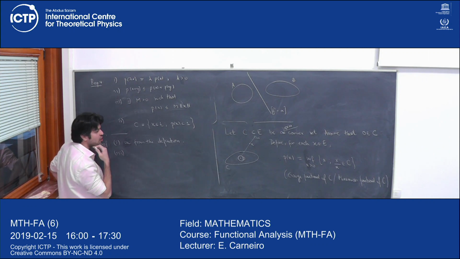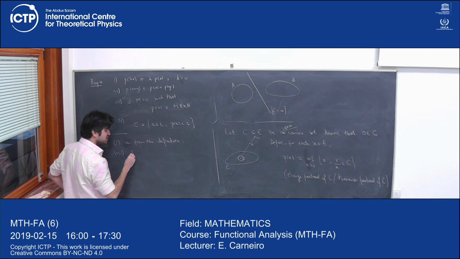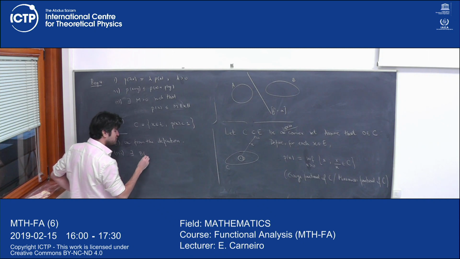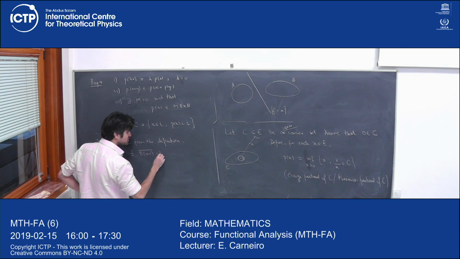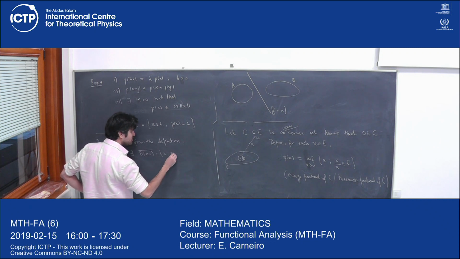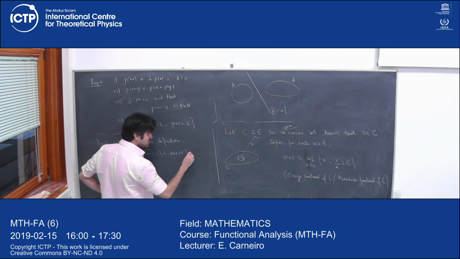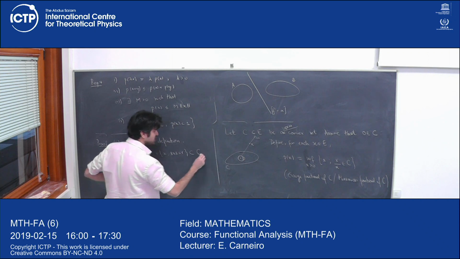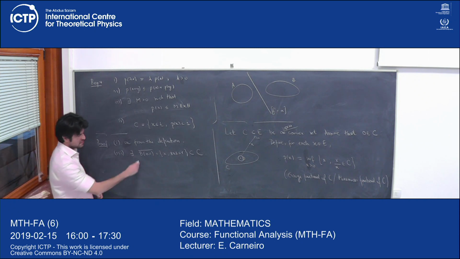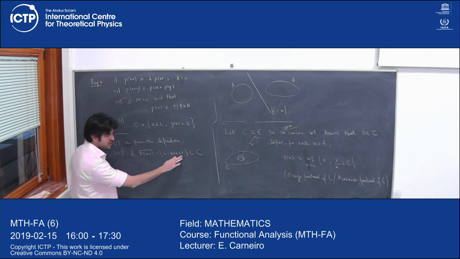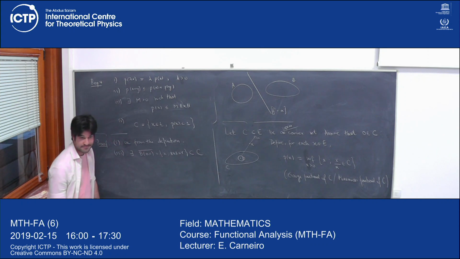Since it's open, we know that there exists a little ball of center 0 and radius r. You can even make it a closed ball. So this is the set of x such that the absolute value of x is less than or equal to r, that is contained in my set C. There's a little ball around the origin that is contained in my set C. I'm using the bar here to denote the closed ball, taking less than or equal to r.